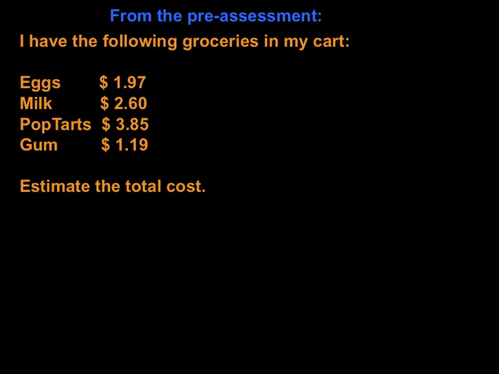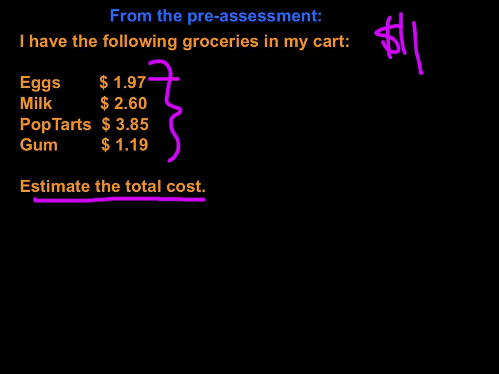This question here asked you to estimate the total cost of these groceries in the grocery cart. For this, I'm going to round to the nearest dollar. So eggs, I'm going to estimate that cost of $1.97 to be $2.